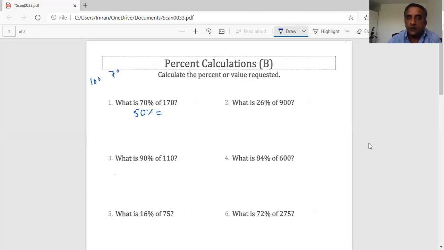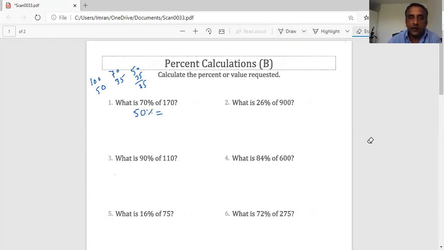So you know that half of 100 is 50. Half of 70 is 35. So we add 50 and 35, and we get 85. So half of 170, or 50% of 170, will be 85.